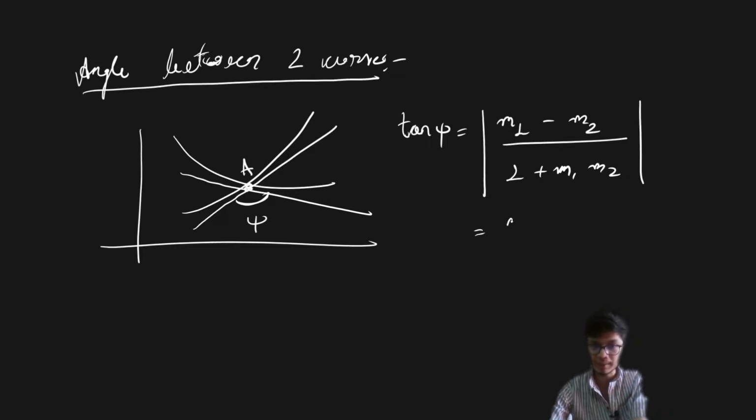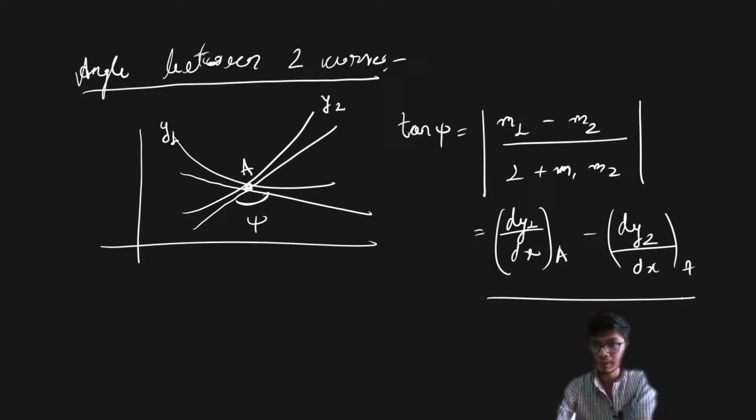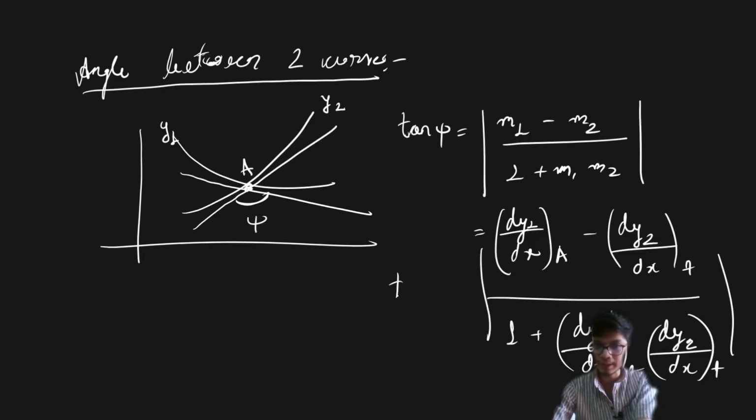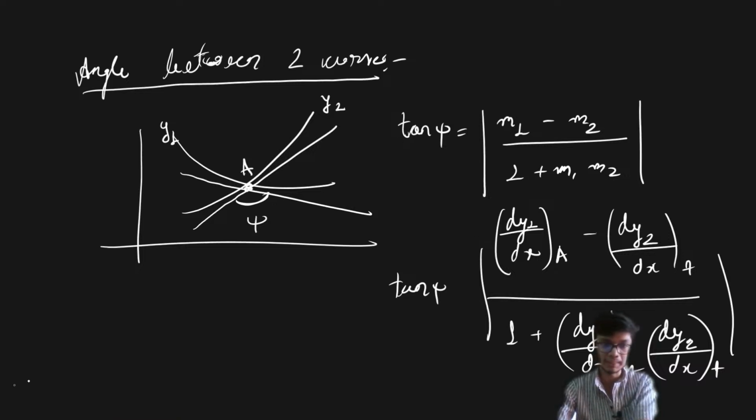This m1 and m2 can be given as dy by dx, or let me write it as y1 for this curve, and similarly y2 for the other curve. So tan of phi equals mod of (dy1 by dx at point A minus dy2 by dx at point A) divided by (1 plus dy1 by dx at point A times dy2 by dx at point A). This gives you the tan of the angle between the curves, that is tan of phi.